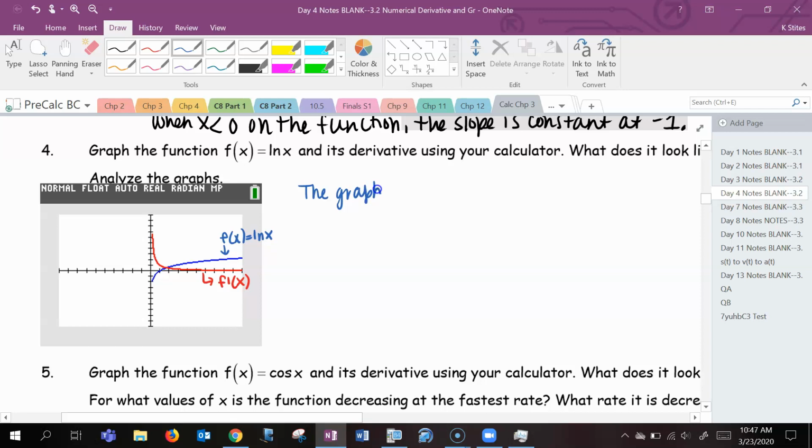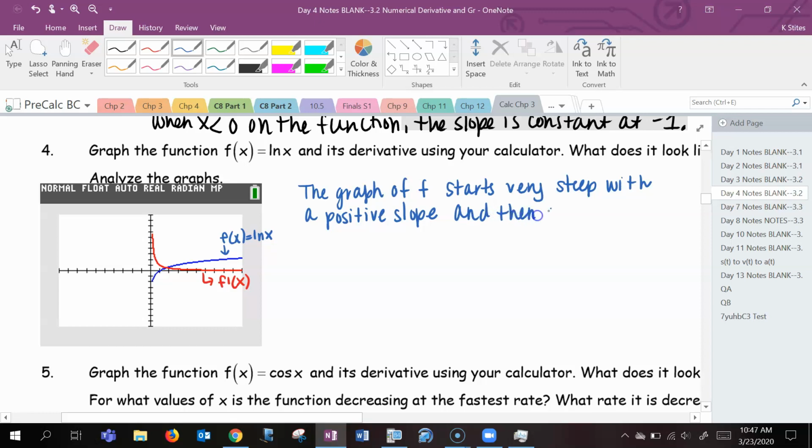The graph of f starts very steep with a positive slope and then m begins to approach 0.